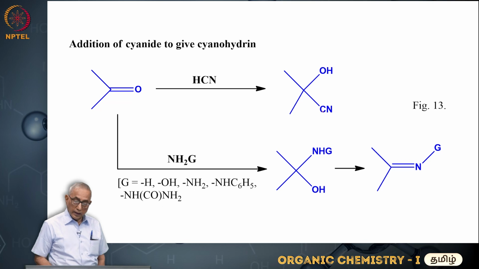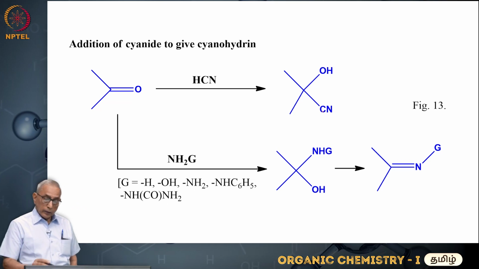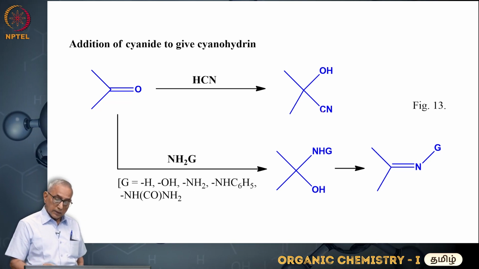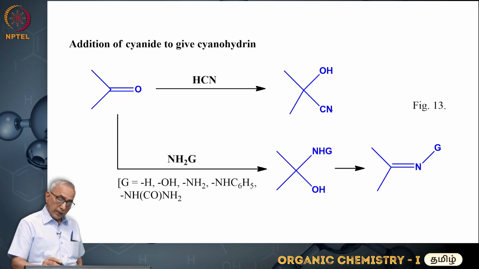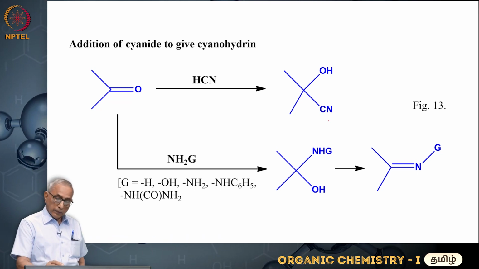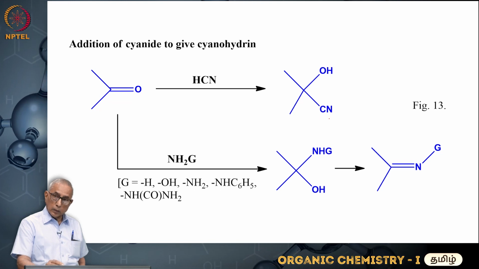The cyanohydrin is a very useful intermediate to produce hydroxy carboxylic acid. The cyanide can be easily hydrolyzed to form the COOH group.